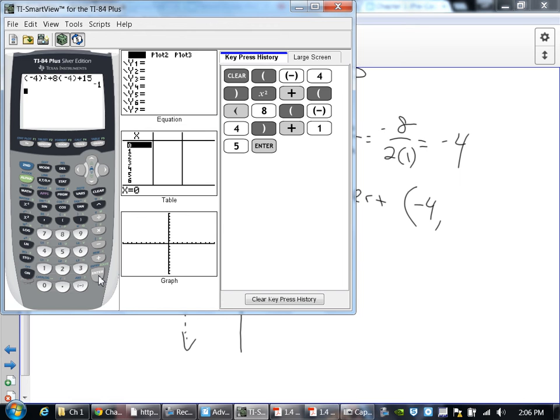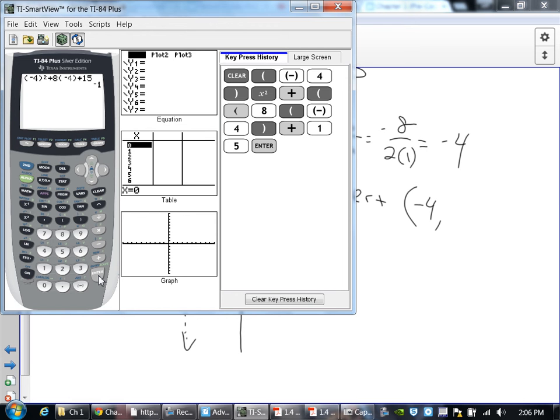Everything else around it is going to be going up like a cup, or falling away down like a frown. That axis of symmetry will always, always, always encompass the vertex. Always. Otherwise it won't work. So once you figure out that opposite of b over 2a, that is the x-coordinate of your vertex. Every time.